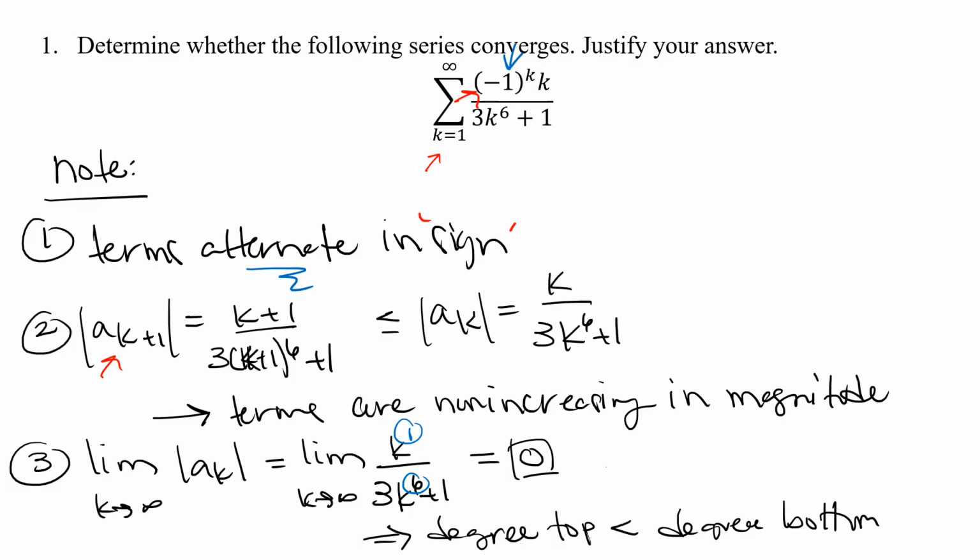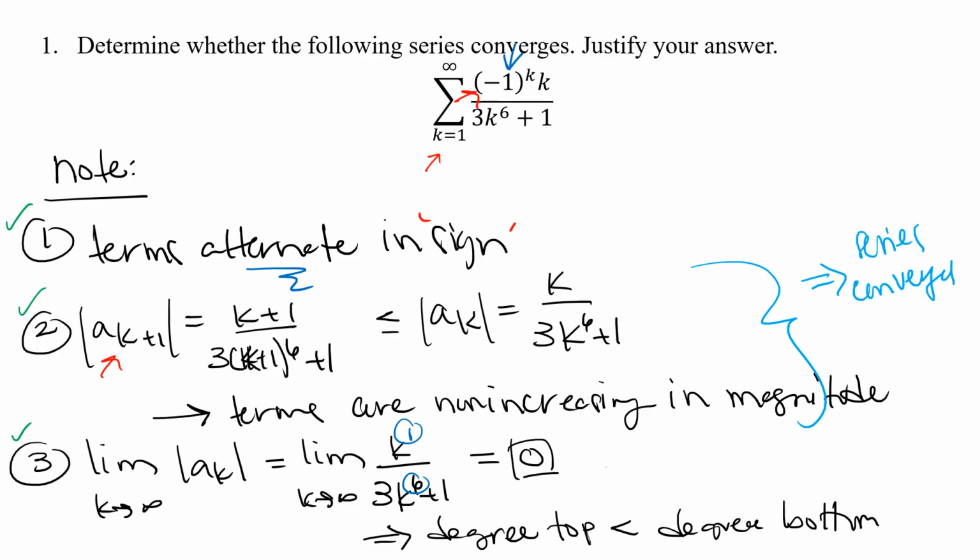All right, so based on each of these three conditions, which convergence test should we apply here to decide that it converges? Based on all three of those conditions, we can say that our series converges, okay?